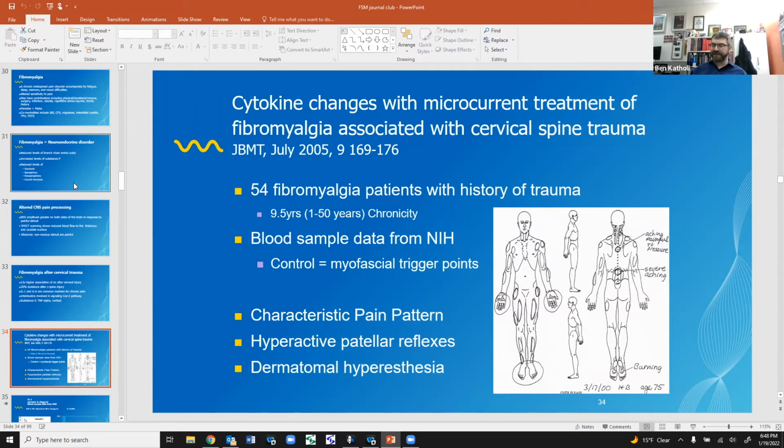The blood tests less so, but the pain responses definitely. And I didn't mention it, but there are over 4,000 practitioners in 23 countries worldwide doing this. So this is happening in multiple countries, but fibro is very common in this country, and you'll hear a lot of debate on why that is.